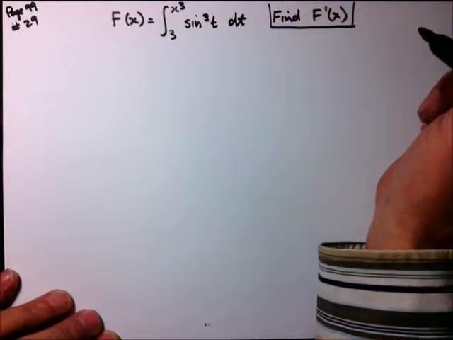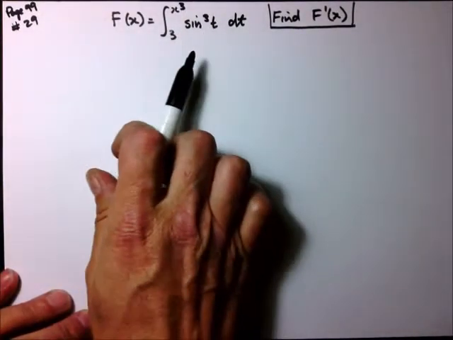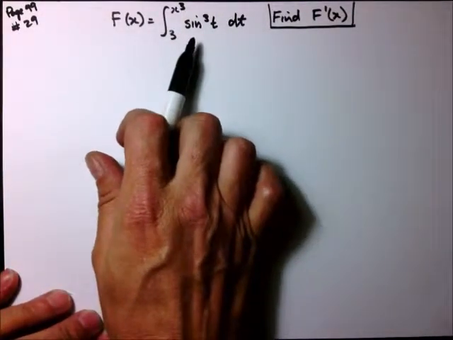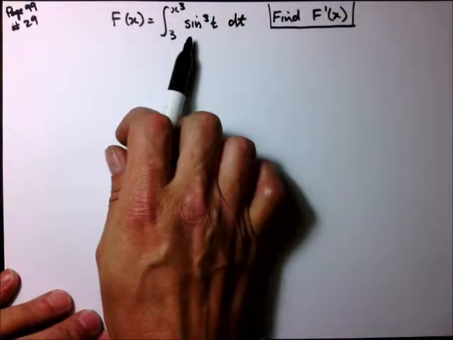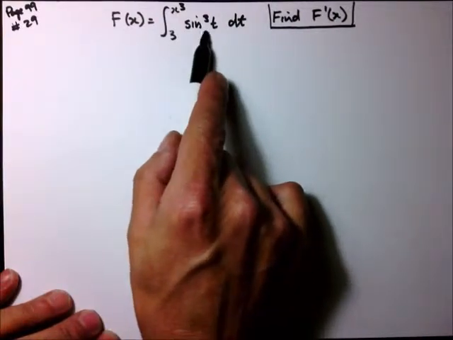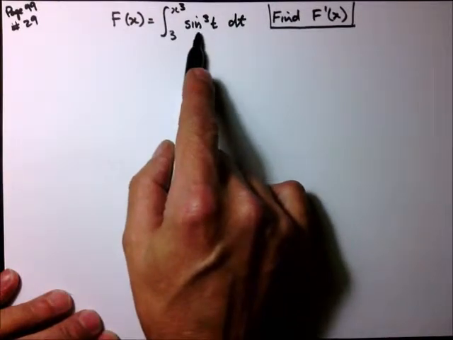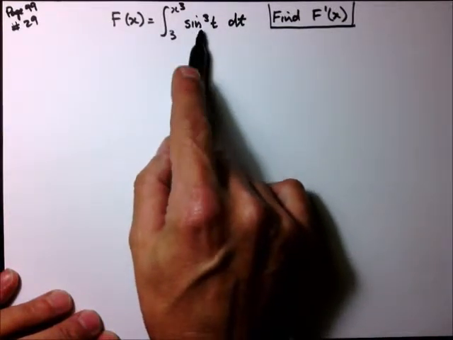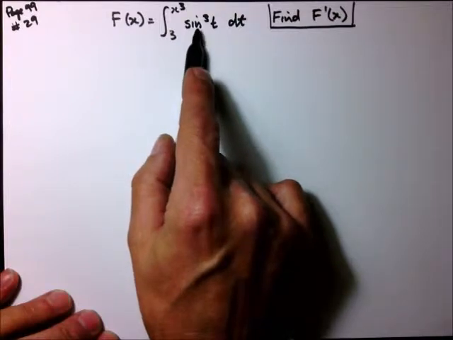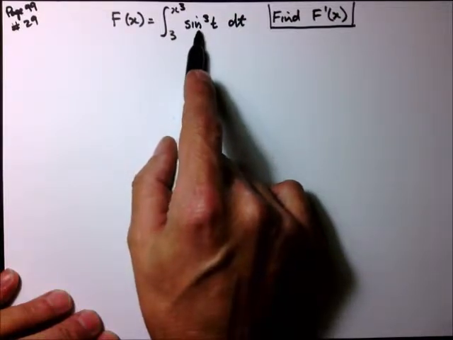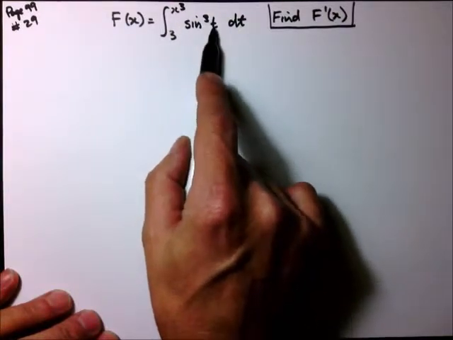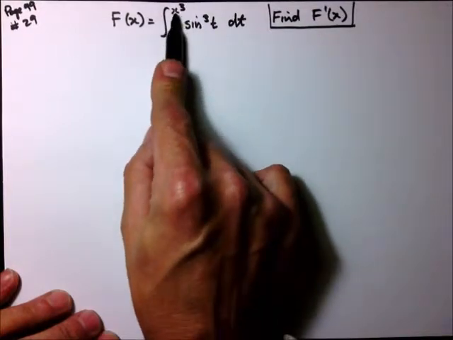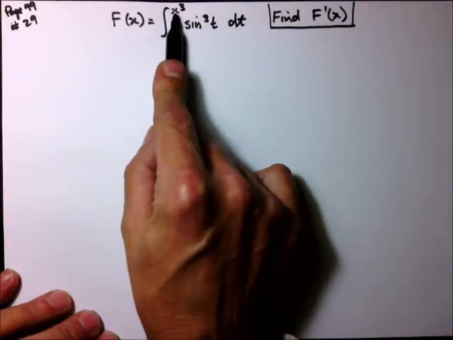A dead giveaway that you should be looking at the application of the fundamental theorem of calculus is that this is quite a difficult integral to evaluate. But the fundamental theorem of calculus comes to our rescue by saying that we can easily evaluate this by just replacing the t's with the upper limit of the integral.